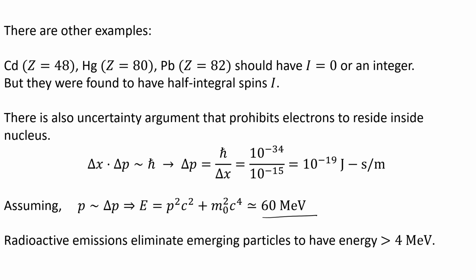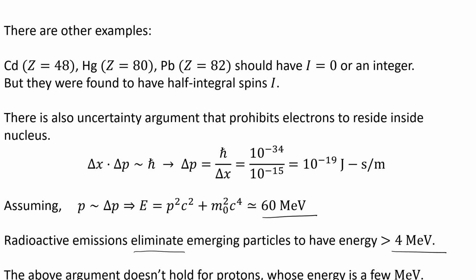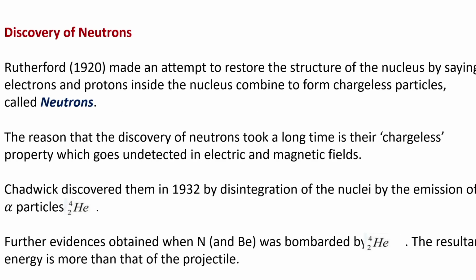So, it eliminates the possibility that these particles coming out can have any energies greater than 4 MeV. But of course, this argument does not apply to protons, which have energies of just a few MeV.